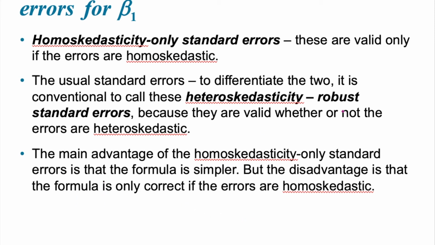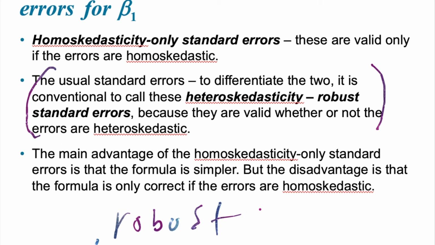So typically, we want to always use heteroskedasticity robust standard errors, especially for using Stata, because all we need to do is write comma robust. So there's very little cost to us in using heteroskedasticity robust standard errors.